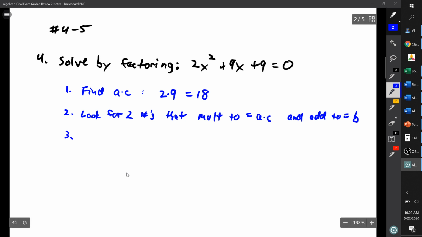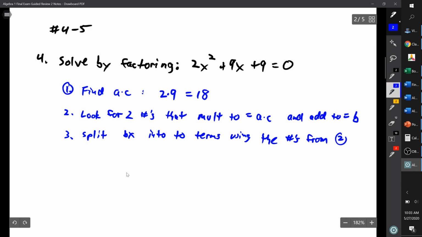And then split bx into two terms using the numbers from step 2. I'm going to circle these. I usually like to circle steps. And then finally, factor by grouping.